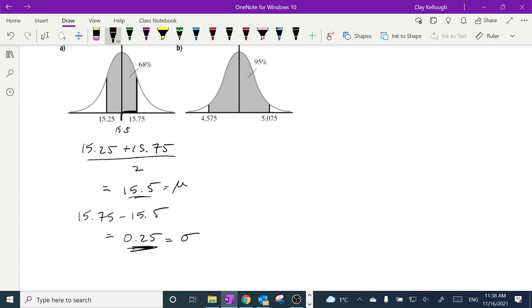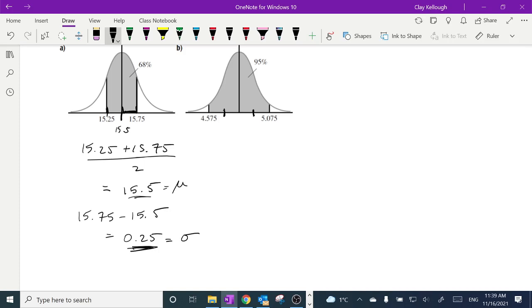It's asking what the standard deviation is. It's the distance from the mean to this first histogram bar, or density curve bar, right? Now, in the next one, isn't there 2 standard deviations to get to the 95%? So there's a standard deviation here and here.